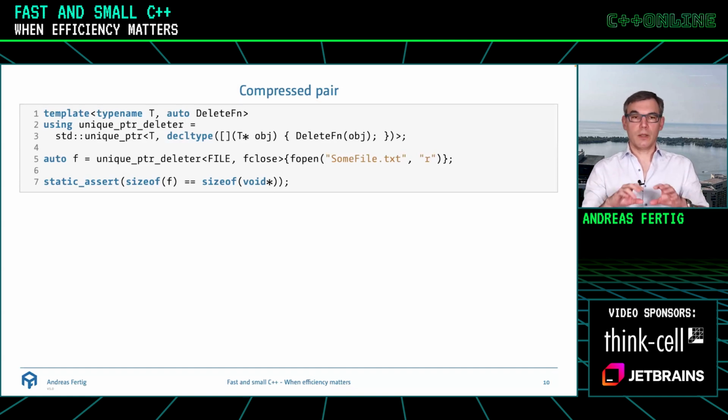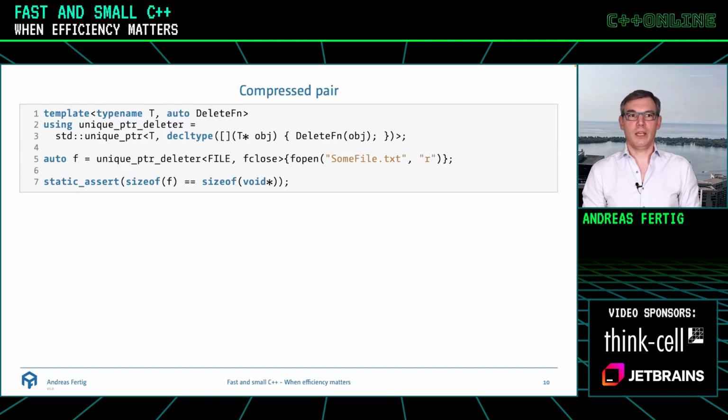And that's it. The rest of the unique pointer looks like a regular one because I have to supply only one parameter to the constructor. So no repetition there, no unintentional mix-ups. And the best thing is if you're checking the size now, that one compares equal to the size of a single void star. So I trimmed this data structure's size by 50%.